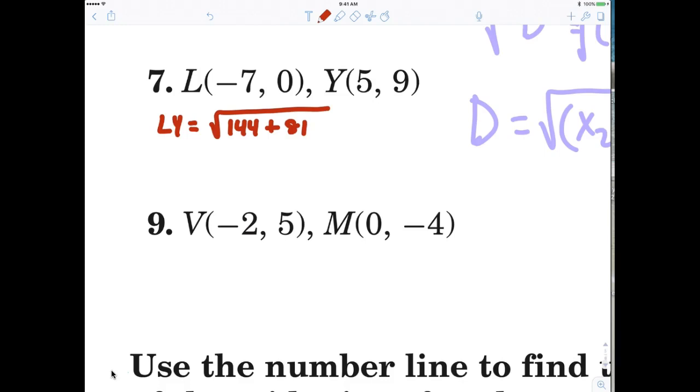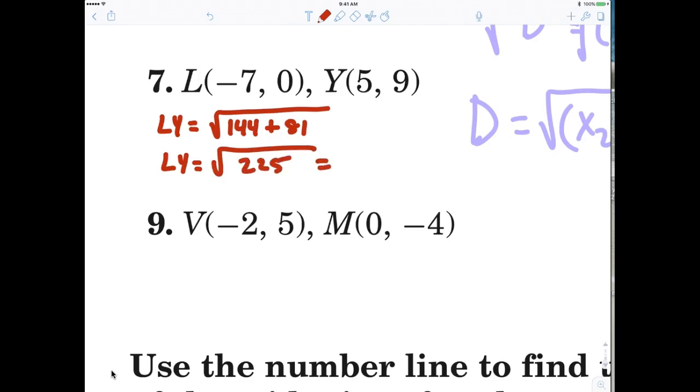So 12 squared is 144. And 0 minus 9, or 9 minus 0, is 9. 9 squared is 81. I'm expecting you to get that. And so now Ly is the square root of 225.